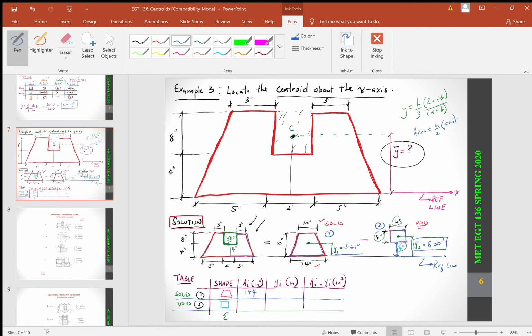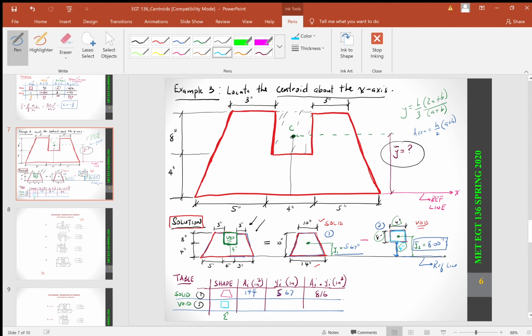Your y bar is 5.67, and the product of the two is going to give you 816 inches cubed.